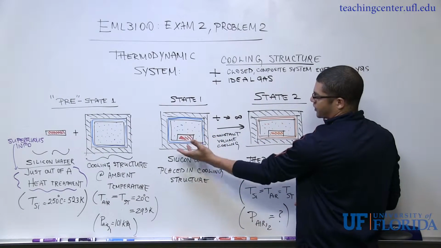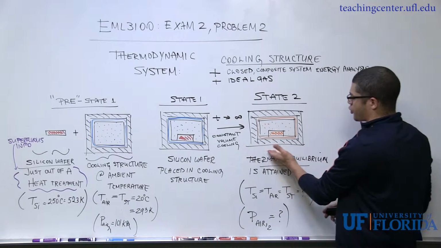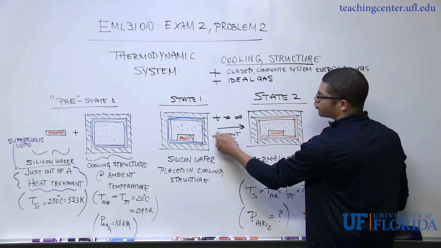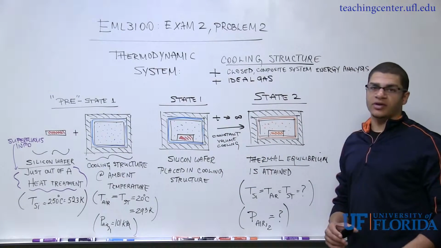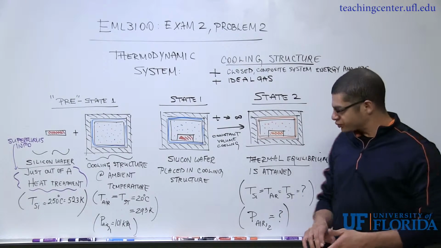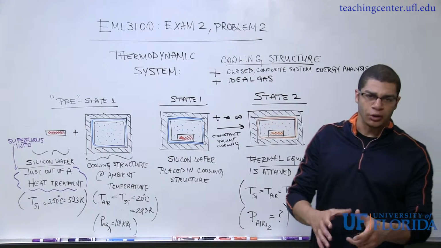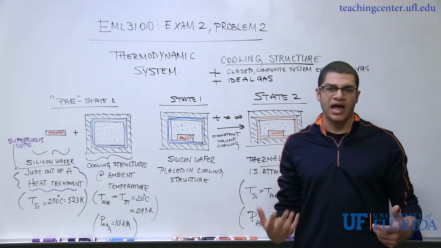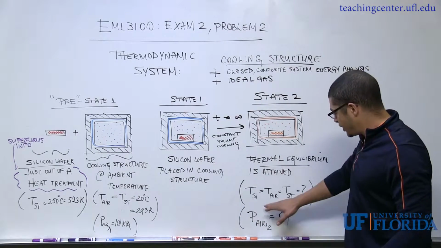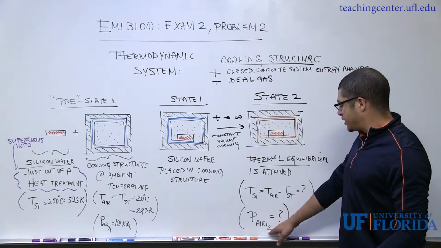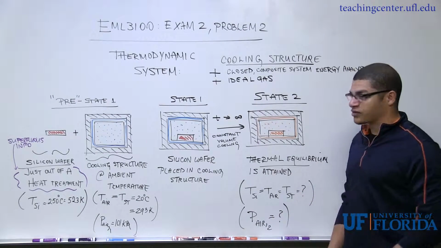So as we proceed from this non-equilibrium state to a thermal equilibrium state, we can constrain our thermodynamic process as constant volume. And doing so, this allows us to kind of narrow down the list of equations or types of analyses we might use to determine both the temperature and the air pressure at the end of this process.